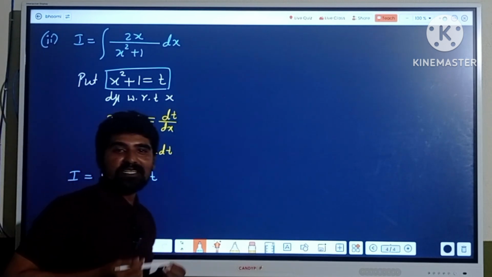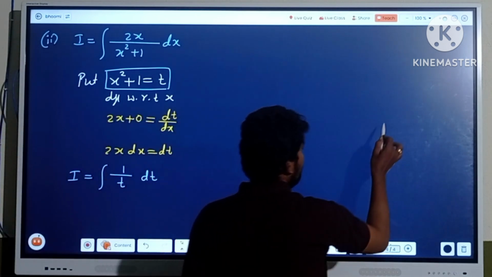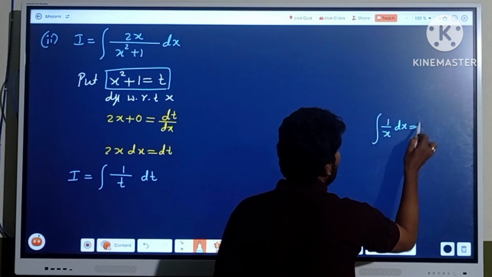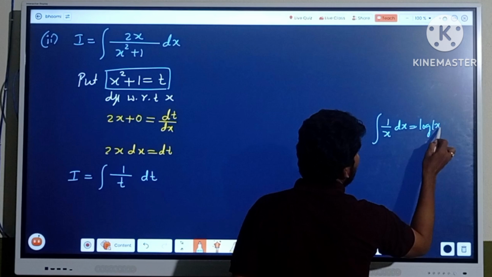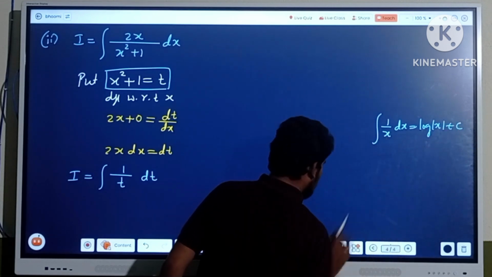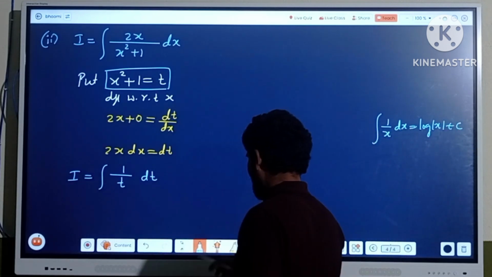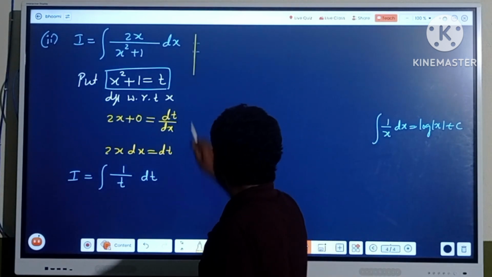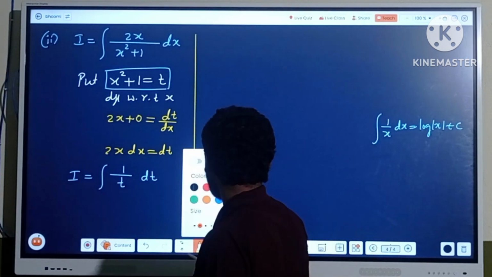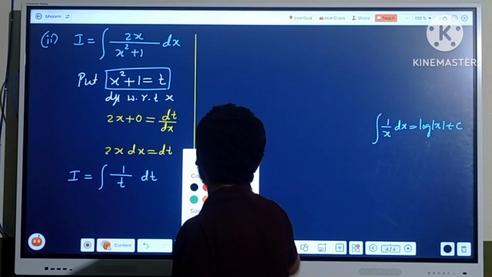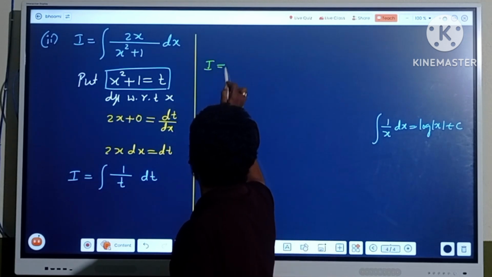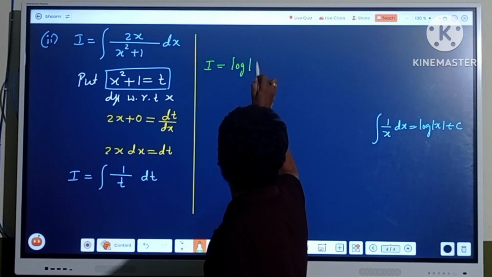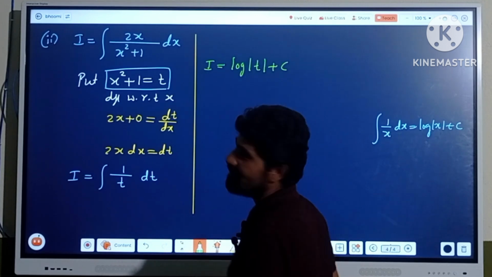And also we know one of the standard integral formulas: if we have integration of 1 by x dx, it is equal to log of modulus x plus c. So by using this standard formula, I equals integration of 1 by t, which is log modulus t plus c.